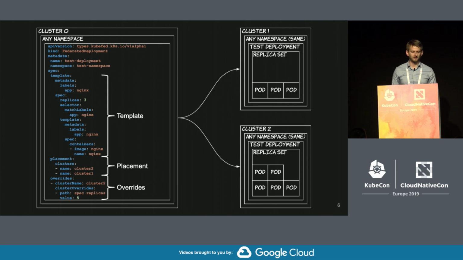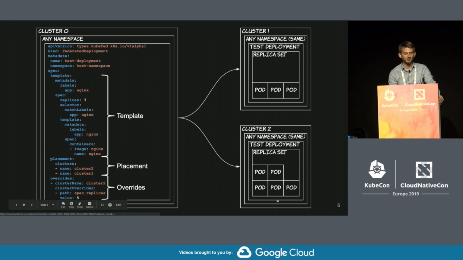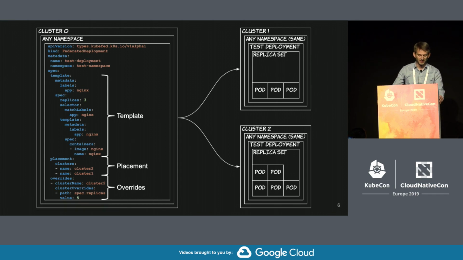That is, basically, you want to deploy, for example, a deployment here into multiple clusters with this basic template. And then you define placement, which is a list of cluster names or cluster selector, because clusters are custom resources in Federation. And override if you want some variations. So in this example, there are just more replicas in cluster 2 than in cluster 1.